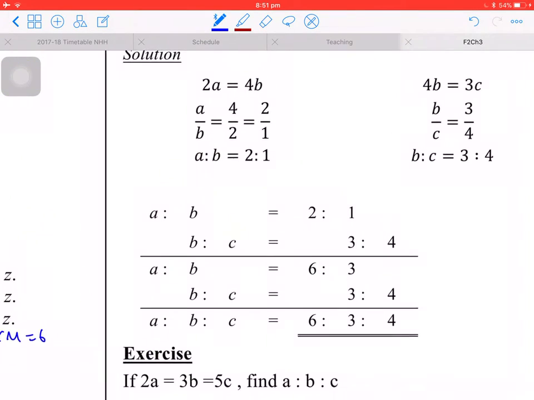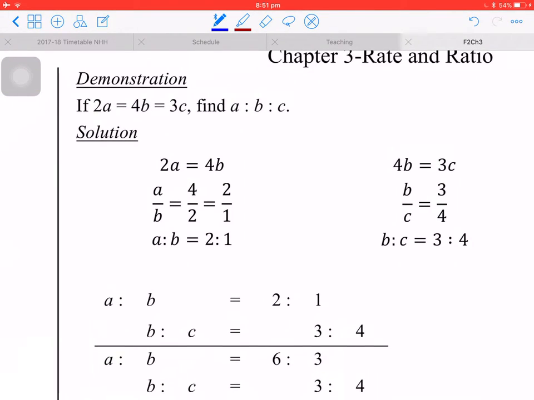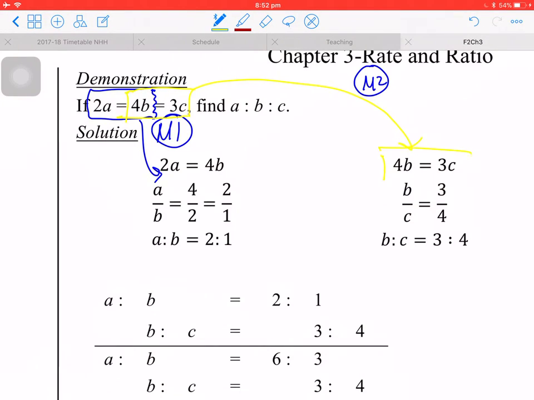And for this one, actually there could be two methods. I showed you method 1. Method 2 is much easier, but we do method 1 first. You have to separate them into two sections. That is the first section, and the second section will be on the yellow side.